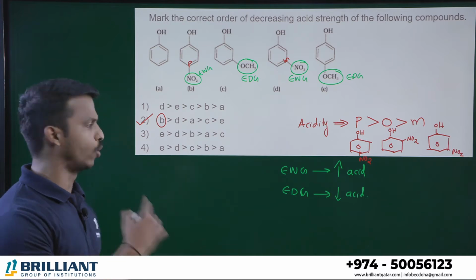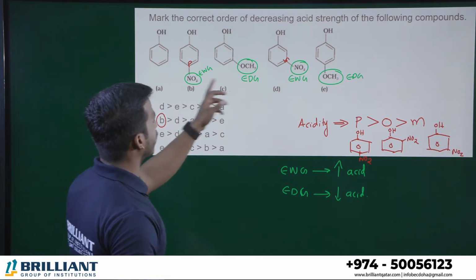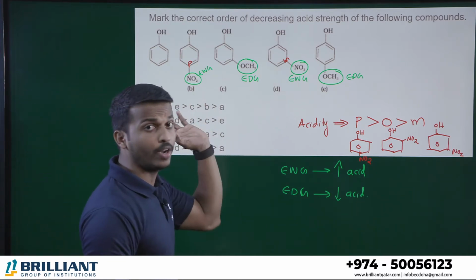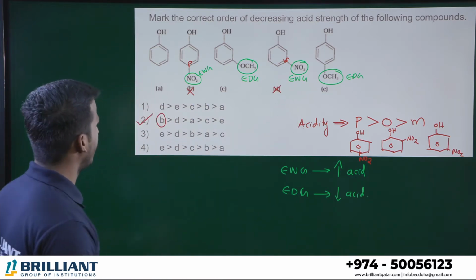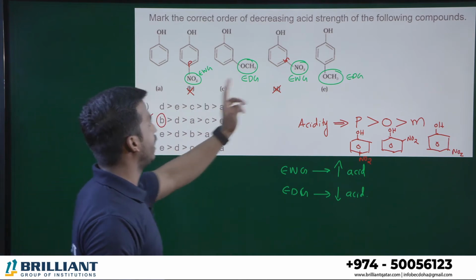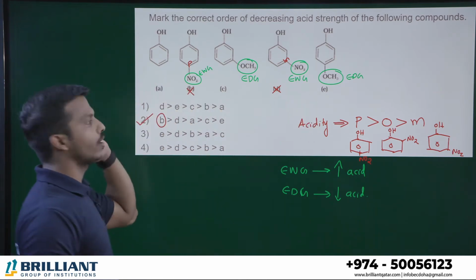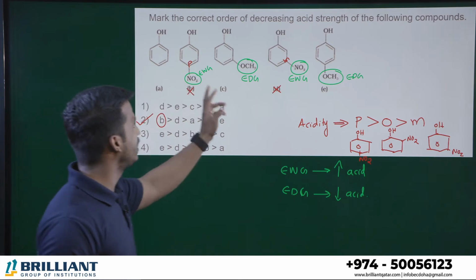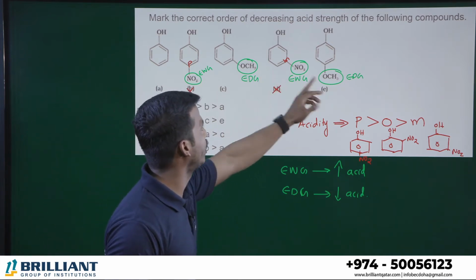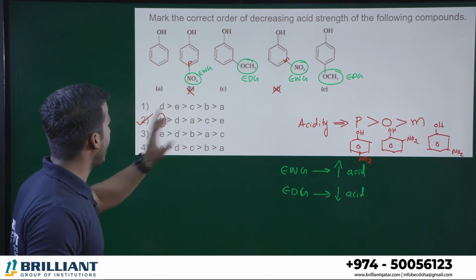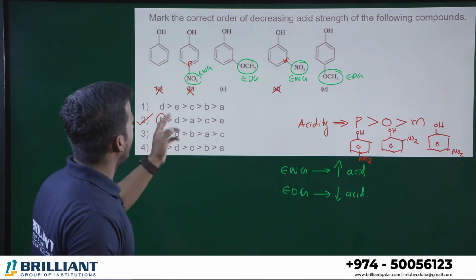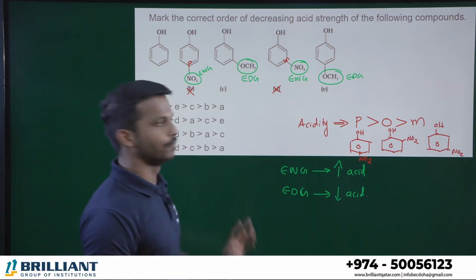Let me check the others also. After B, definitely we can go to D because it contains an electron withdrawing group. Okay, B over, D over. What about the others? When you consider A, C, and E, I will go with A for greater acidity, because C and E contain electron donating groups. It will decrease the acidity. So B, D, A. Okay, A also over. And what about C and E?